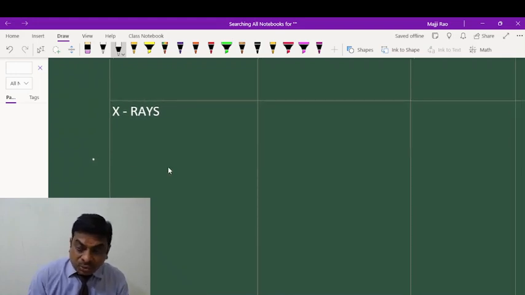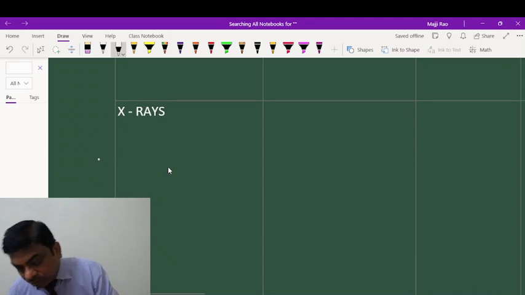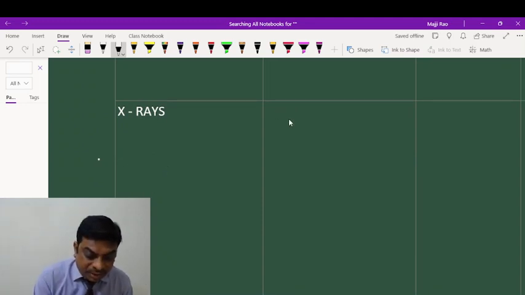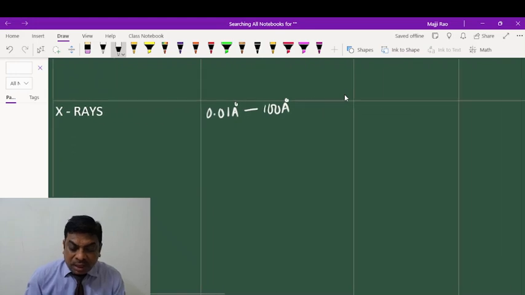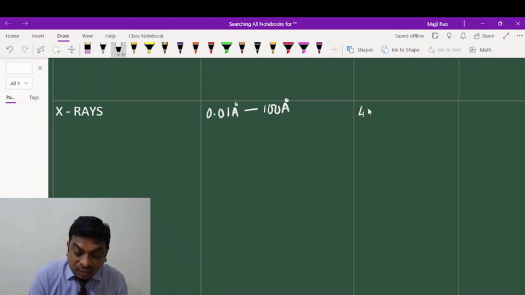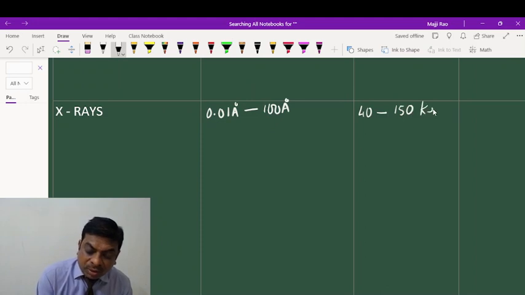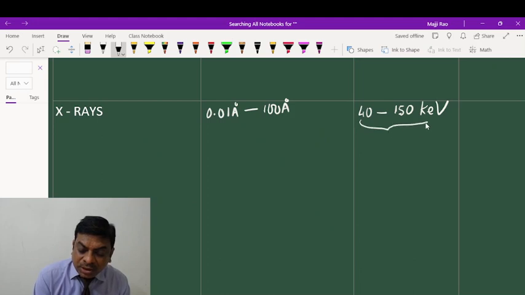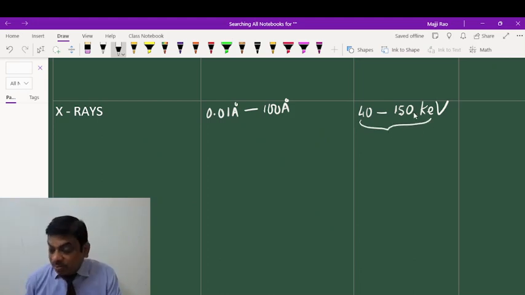The wavelength ranges from around 0.01 angstrom to roughly around 100 angstrom. Okay, students, and energies are of the order of 40 to 150 kilo electron volt. Even they can be more than this, but this is the usual range which is employed for diagnostic purpose.